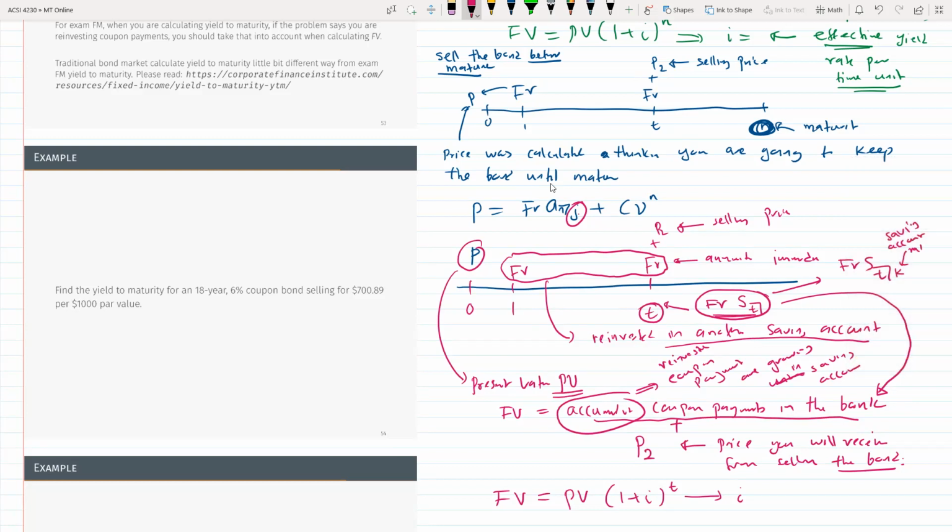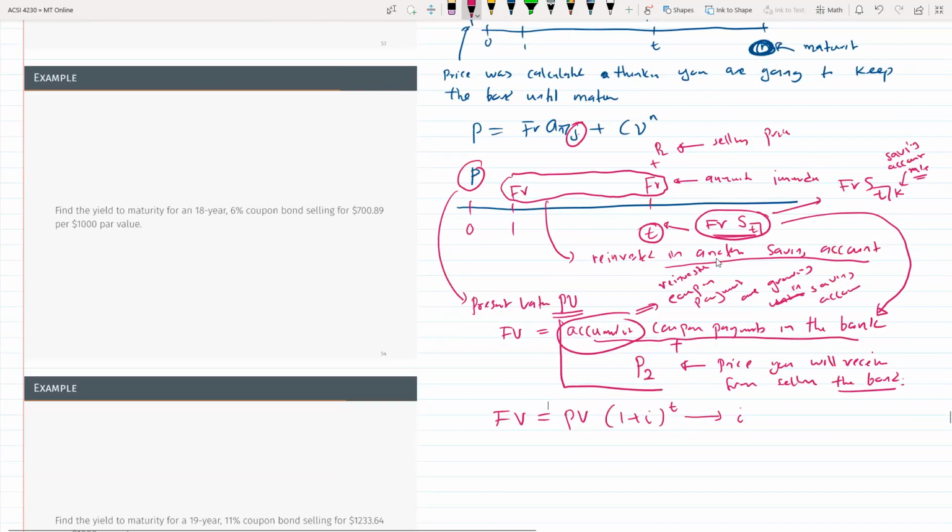In the saving account, you will get some rate, no? That rate you have to use, because that's how the money is growing in the saving account. So anyway, you have to calculate this future value using the accumulated coupon payments plus the price you will receive from selling the bond. Then that would be the future value, and then you would use this nice formula.